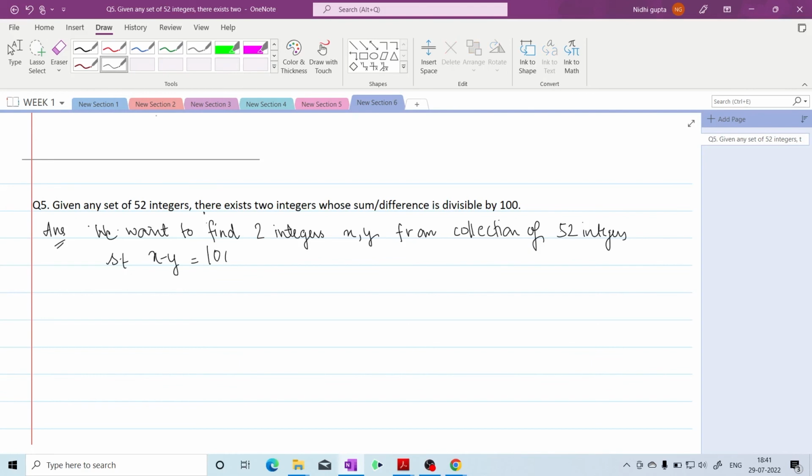x minus y is equal to 100k or x plus y is equal to 100k'.